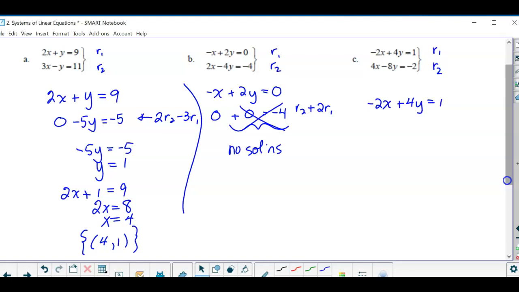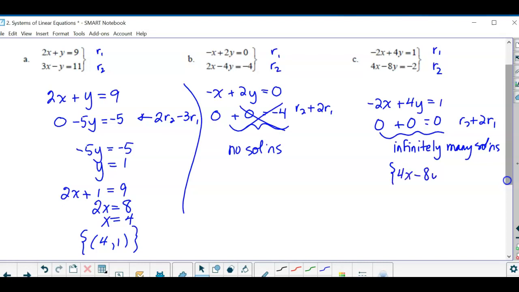And so the second one, I can do R2 plus 2 times R1. And again, I like to use the one that doesn't have a negative coefficient just because it's nicer. Now, saying that, you can also reduce that, right? So 2x, so the positive version.